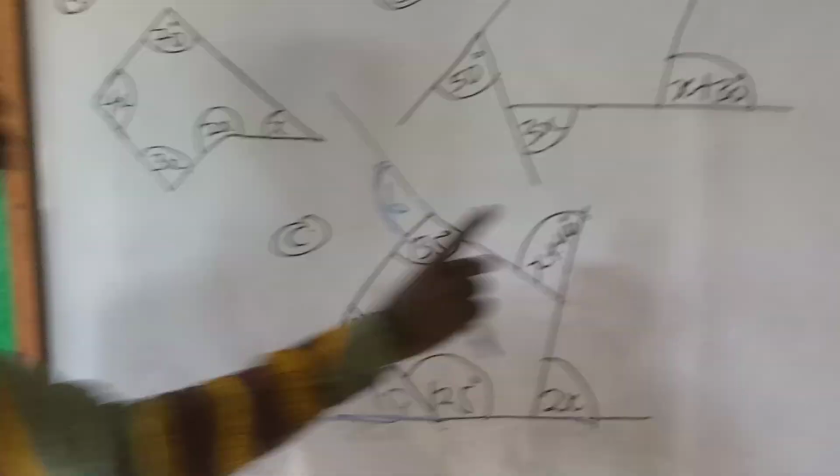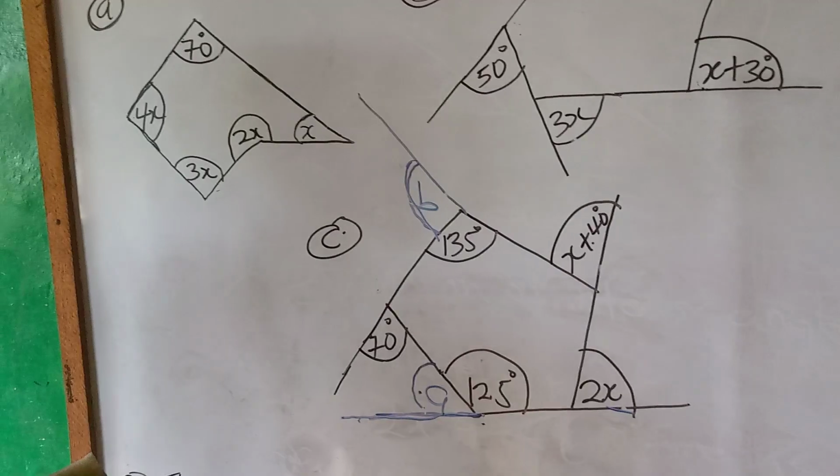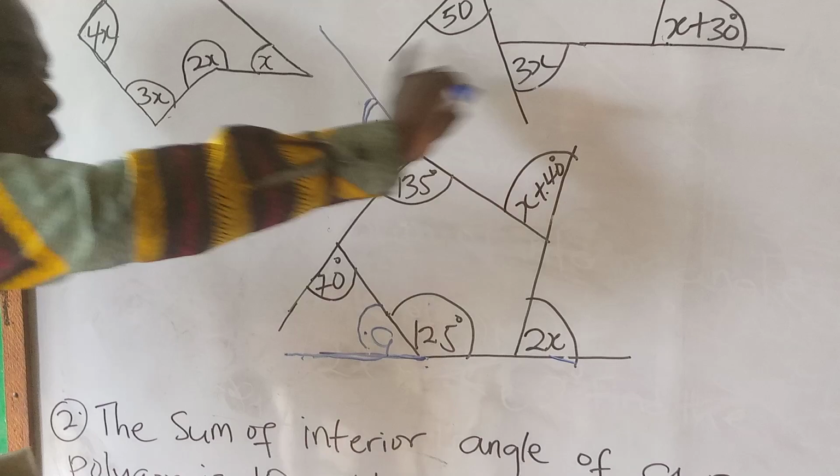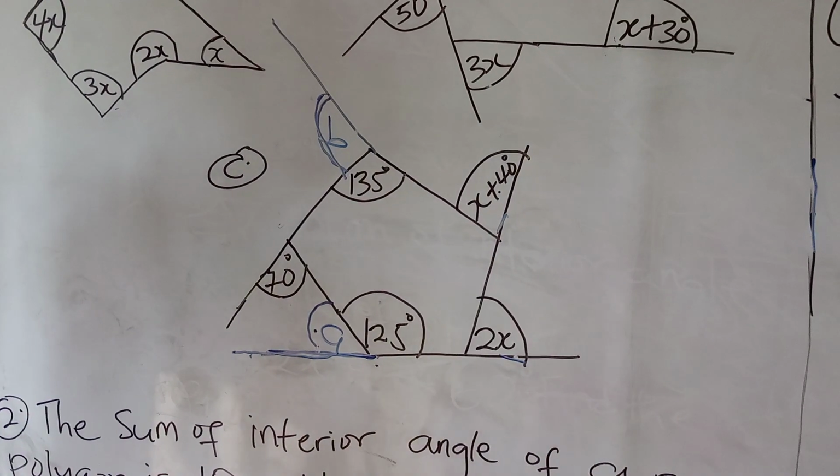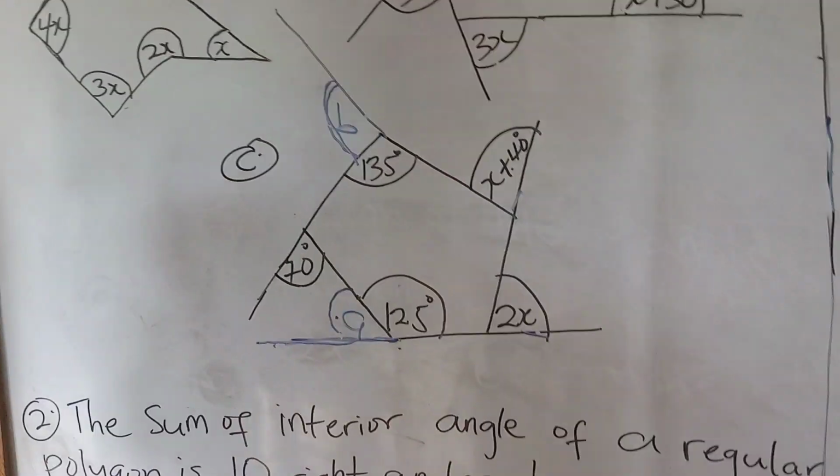We now know our exterior angles. That's why I said do not touch the exterior angles. Once we know all the exterior angles, you sum it up and equate it to 360 degrees.